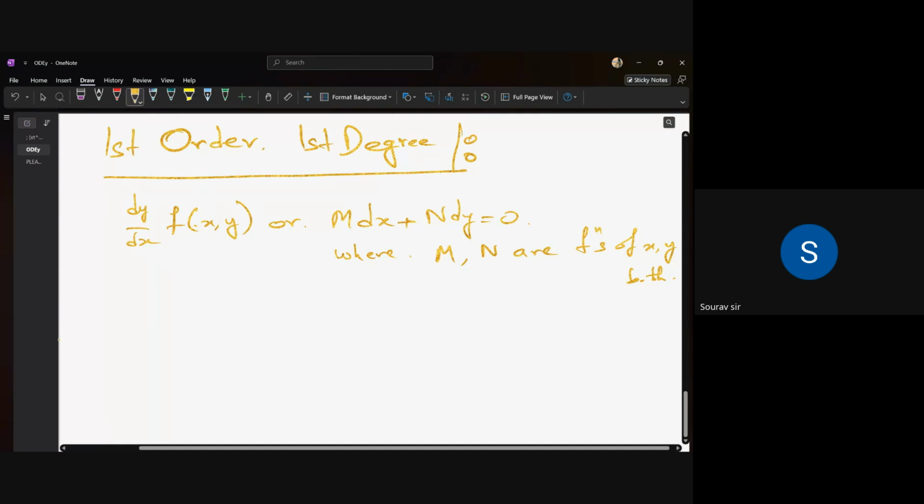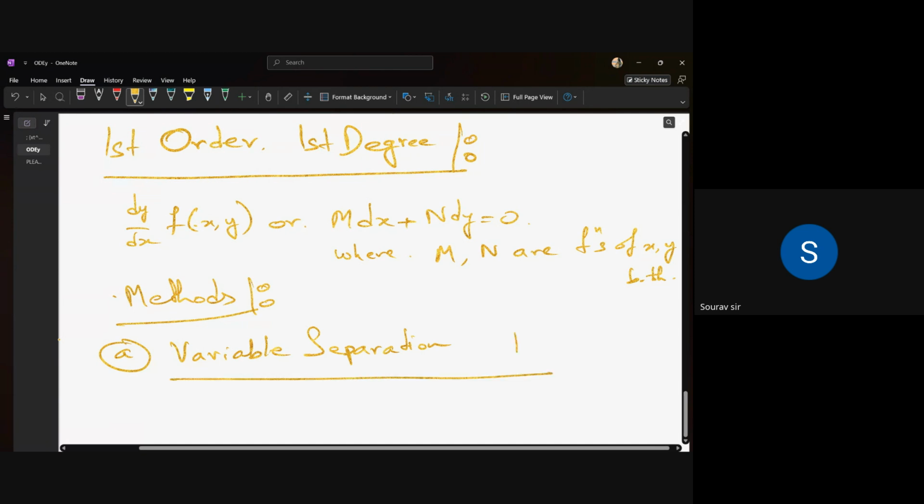Okay, let me write the methods to solve. So we can use the variable separation method.